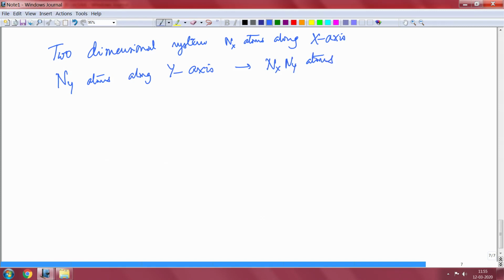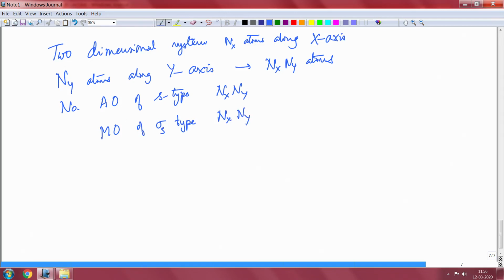So, if we have a total of nx ny atoms, the number of atomic orbitals of, say, s type will be nx ny, and so also the number of molecular orbitals of sigma s type are also nx ny.